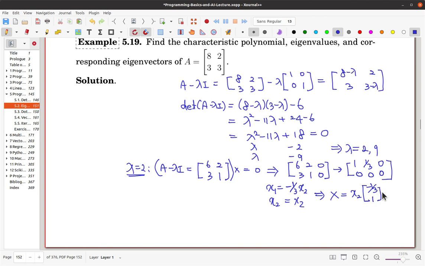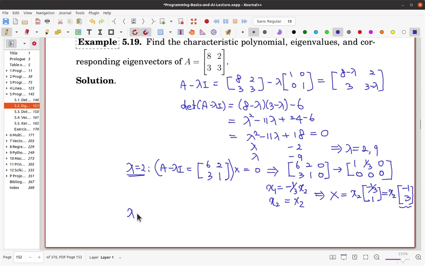We may rewrite this using integer values: again x2, because it is arbitrary, and after multiplication by 3, we have minus 1 and 3. So scalar multiples of this vector will be the corresponding eigenvectors of the eigenvalue 2, right?